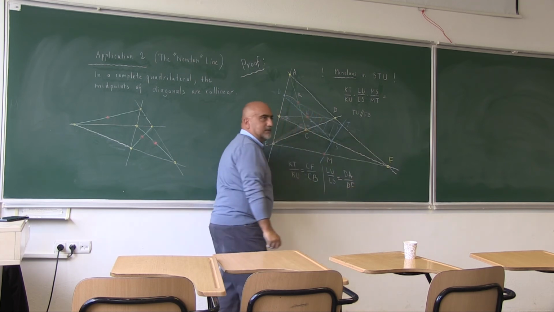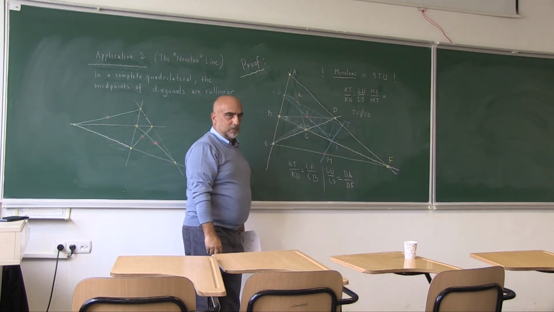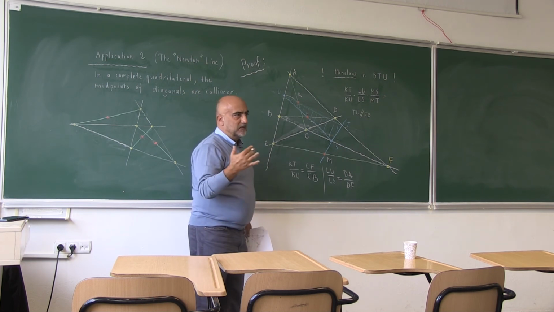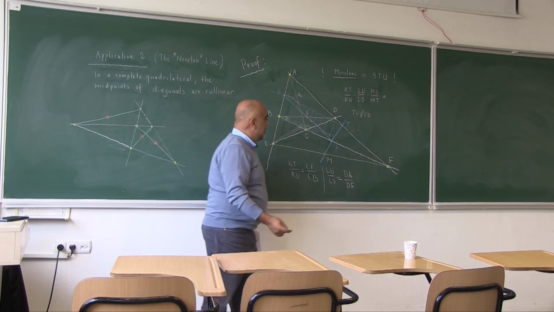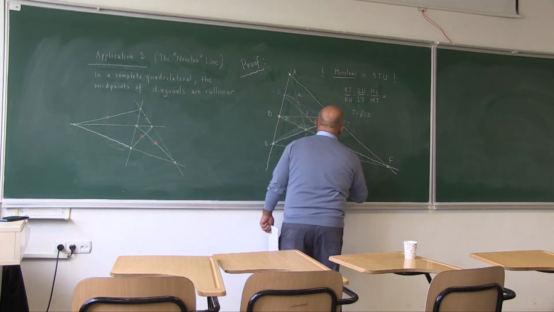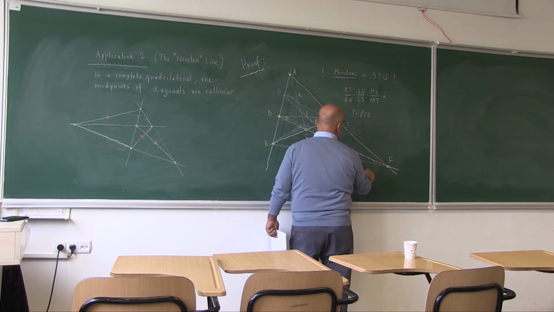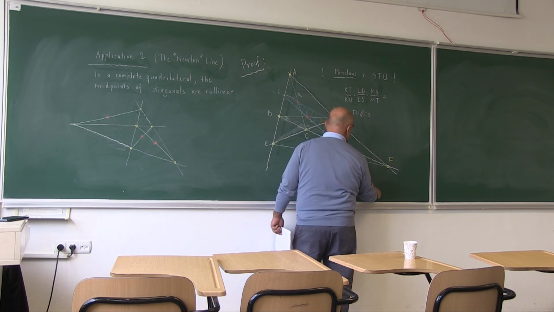So it's going wonderfully. I'm just applying and reapplying this basic theorem of Thales, which is possibly 3,000 years old. Okay, right. Let's try to apply the same thing to M, S, MT. Do I have something like that?